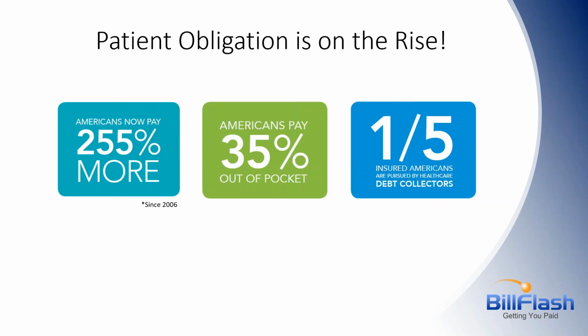And the number of insured Americans pursued by healthcare debt collectors today is 1 out of 5 from patients with high deductible plans. So providers are collecting around maybe 18 to 34 cents on the dollar of what patients owe, if that.